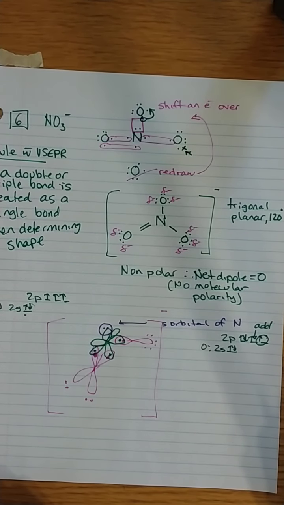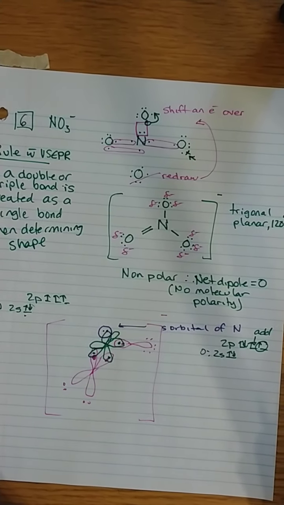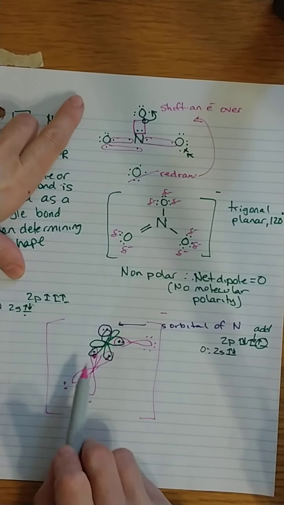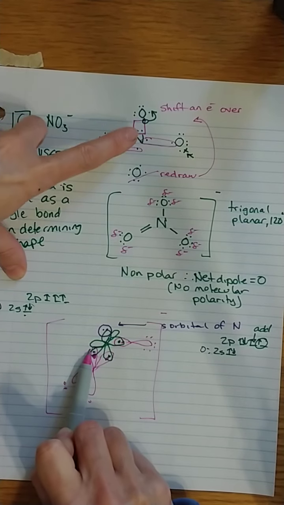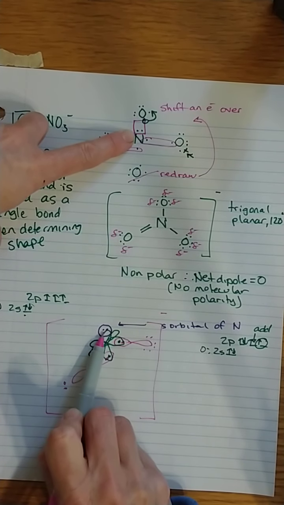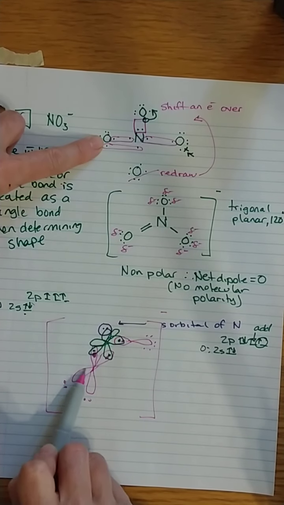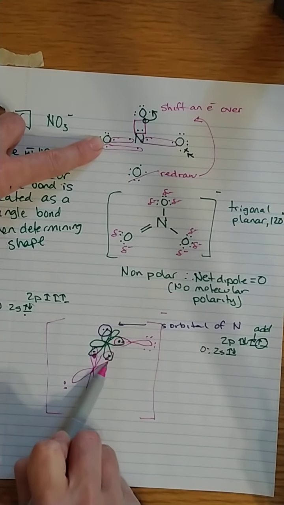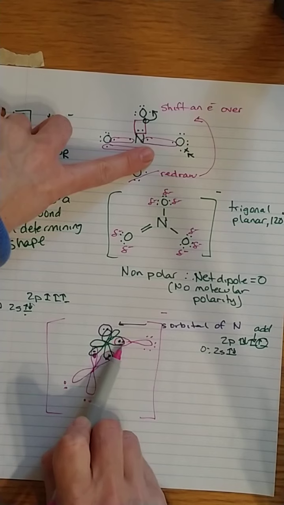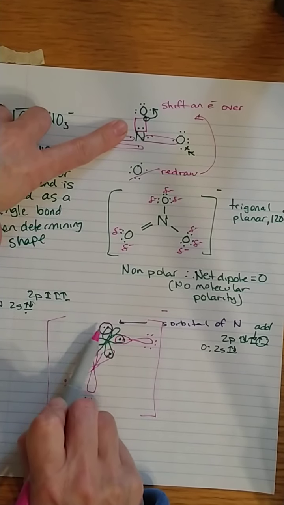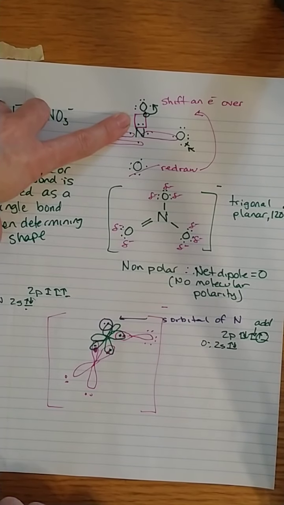So that one's a little bit more complicated, but again, it just follows this: 3 p orbital singles, 1 pair in the s orbital, and then this oxygen has its 2 half-full p's bonding to the N. This oxygen has its 1 half-full p bonding, and then this oxygen we still have to add yet.